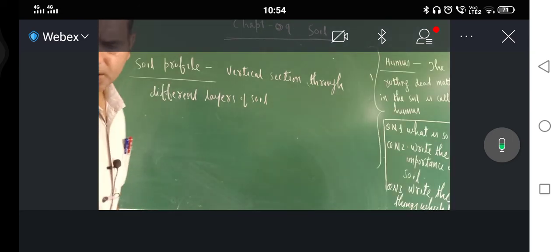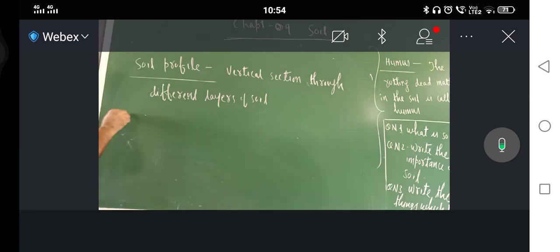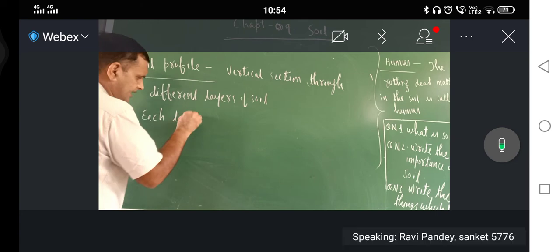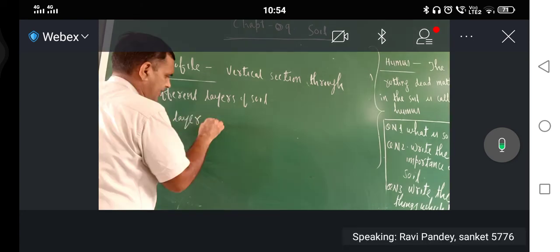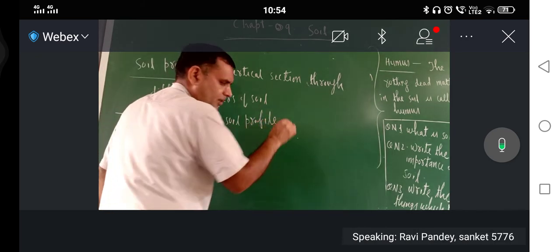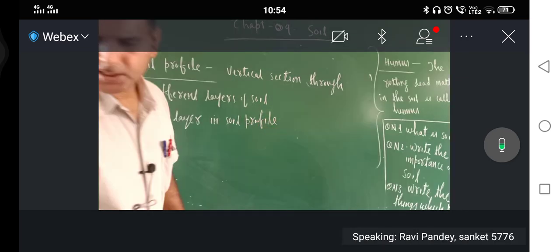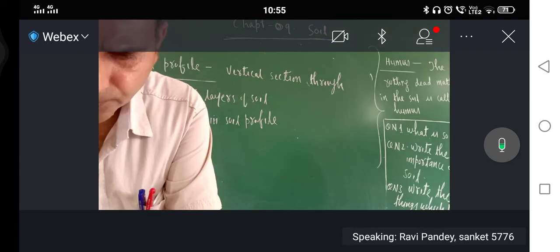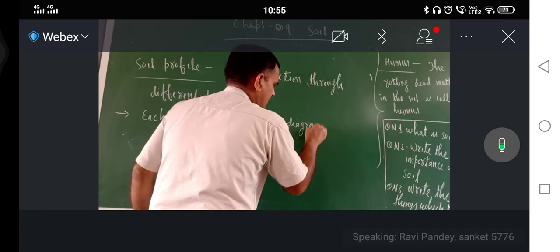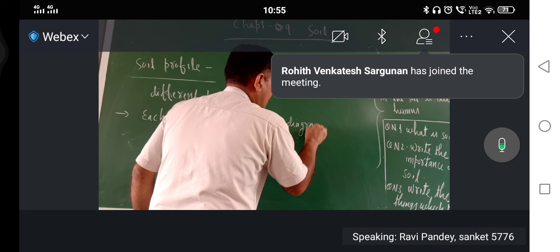Each layer in a soil profile diagram is called a horizon. Horizons.